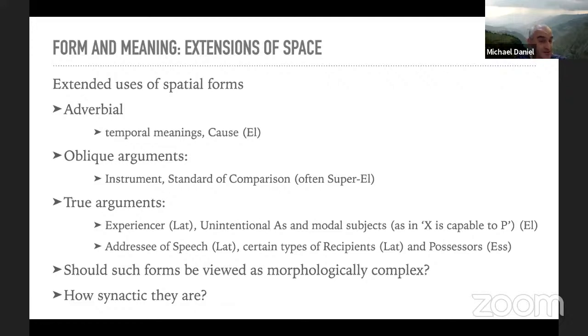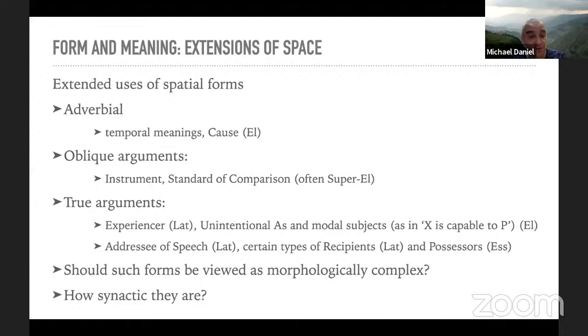Some experiencers are expressed by directional forms. Unintentional agents and modal subjects, as in constructions like "X is capable of lifting up this stone," are very often expressed by some kind of source element of the spatial subparadigm in East Caucasian. So "from on me, the stone, pick up the stone" would mean "I am capable," or very often "I'm incapable of raising this stone."